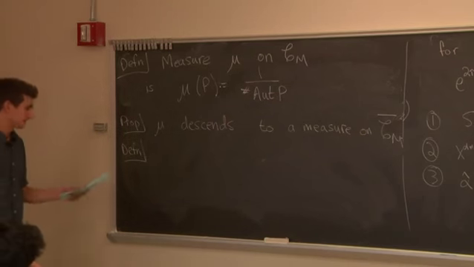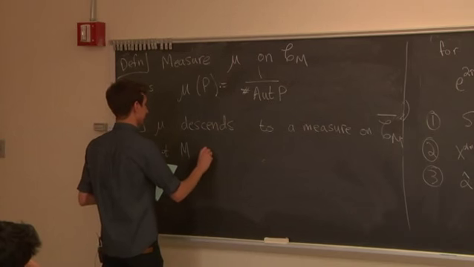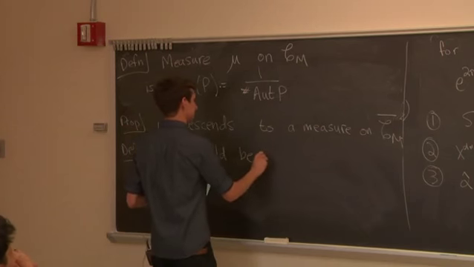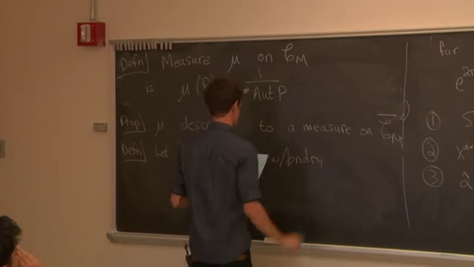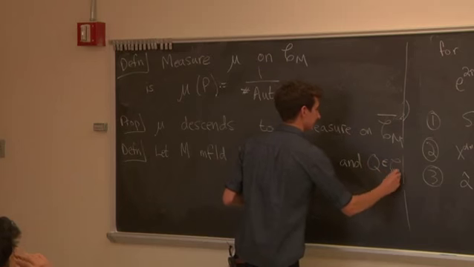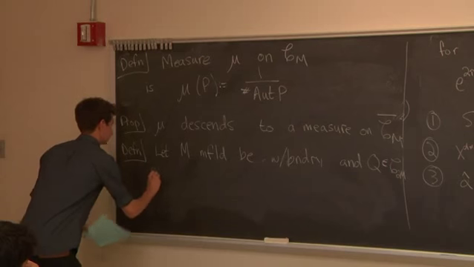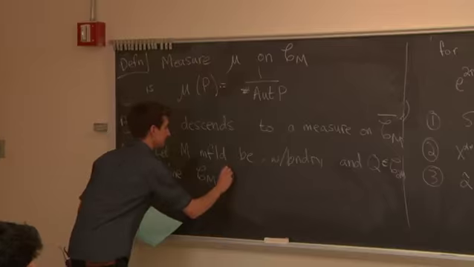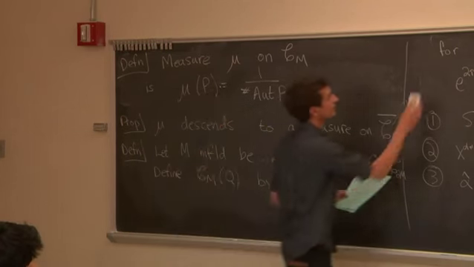Okay, for manifolds with boundary, I want some extra structure so that I can define this for the D plus 1 manifolds. So for ones with boundary and some fixed bundle Q over the boundary, we'll define a new category, C_M^Q.